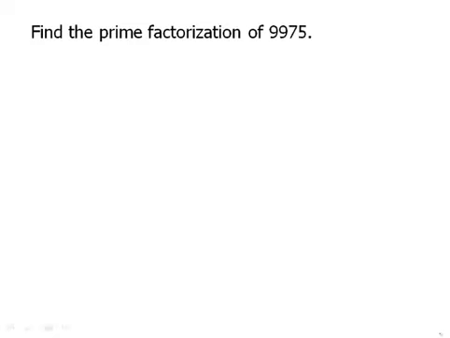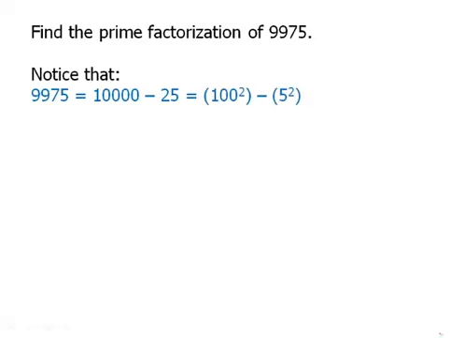Suppose we had to find the prime factorization of 9975. Well, looks like it would be divisible by 25, but then we'd get some other ugly number that we had to divide. That would be difficult doing it the conventional way. But notice that this is 10,000 minus 25. 10,000 is 100 squared, and of course 25 is 5 squared. So this is 100 squared minus 5 squared. 100 plus 5 times 100 minus 5.